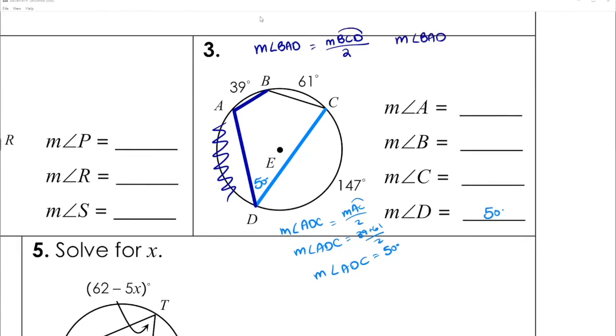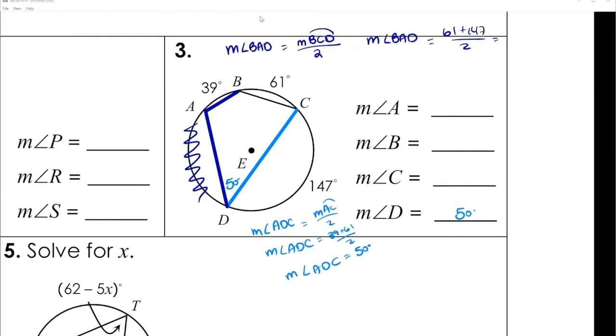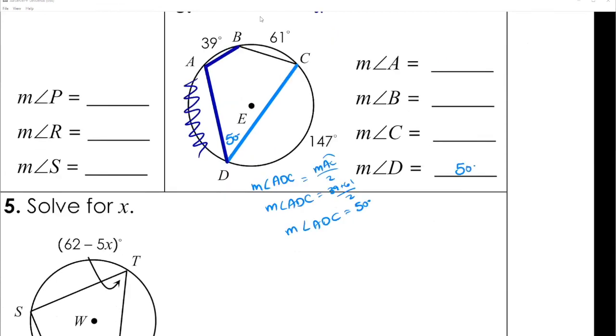So that bad angle is 61 plus 147 divided by 2. 61 and 147, 208? No. Yeah, 208 divided by 2 is 104. So we know A is 104.